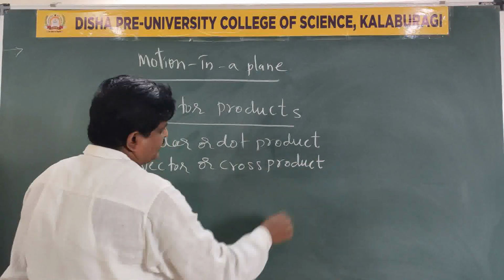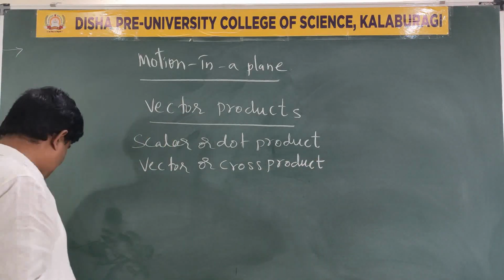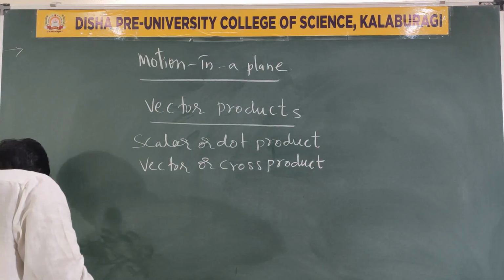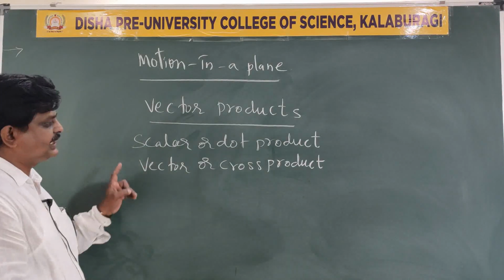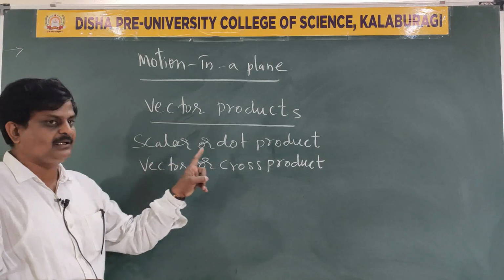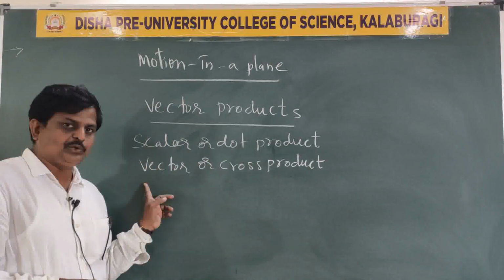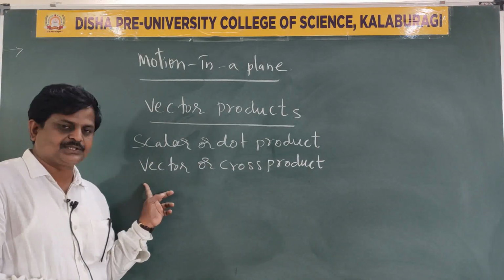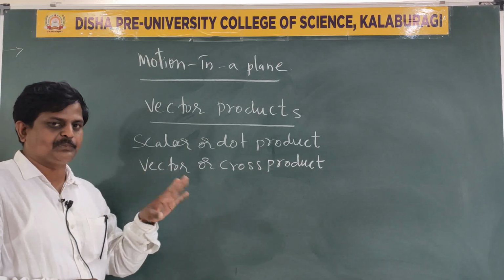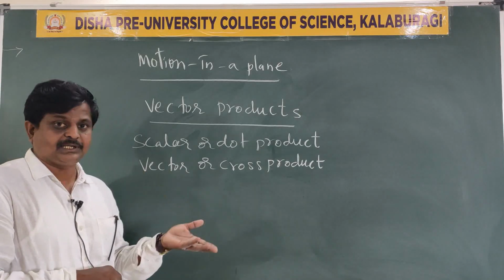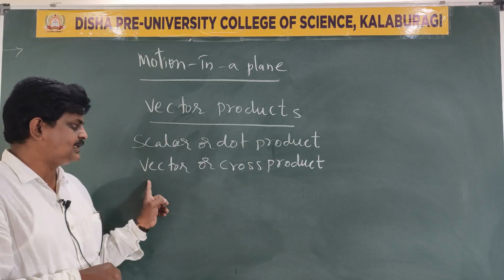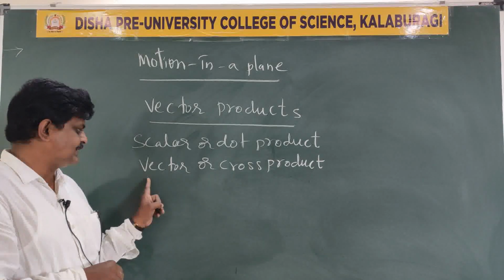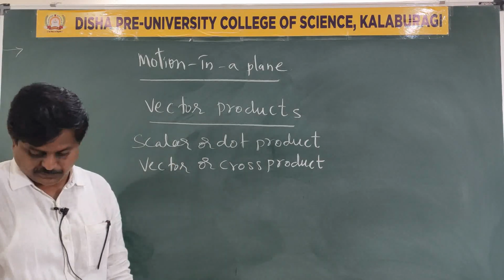When we operate two vectors, if the product is a scalar, then that product is called a scalar or a dot product. When we operate any two vectors, if the answer or the product is another vector, then we say that product is a vector or cross product.